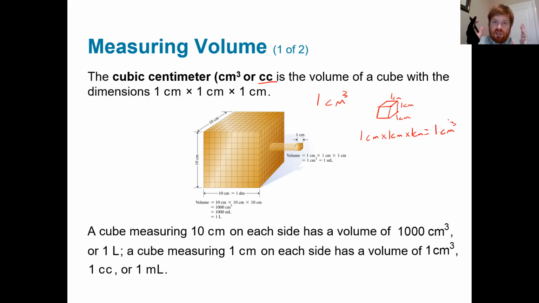Now here is the beautiful thing about metric units, and this is one of the things that just makes metric units so wonderful to work with. It's not the only one of these, but this is the most useful one. 1 centimeter cubed, that volume is equal to 1 milliliter. So 1 centimeter cubed is 1 milliliter, which is 1/1000th of a liter.